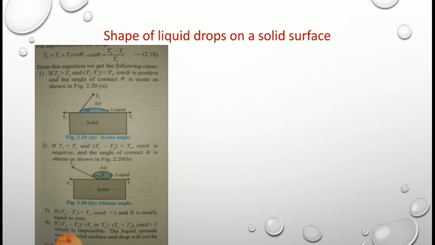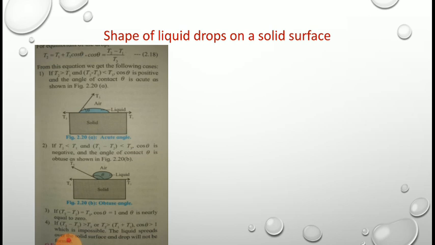Which phenomenon will occur depends on the surface tension of the liquid and the angle of contact between the liquid and the solid surface. The surface tension between the liquid and air, as well as that between solid and air, will also have to be taken into account.